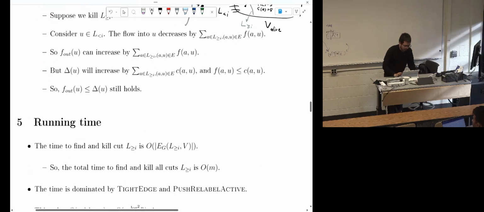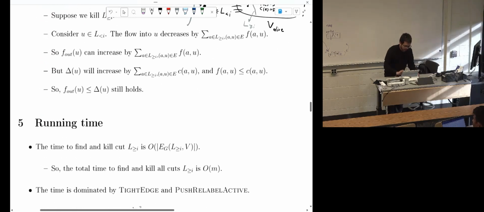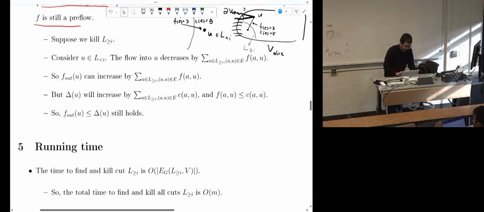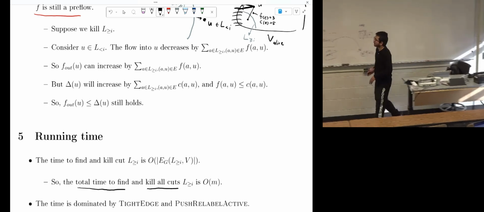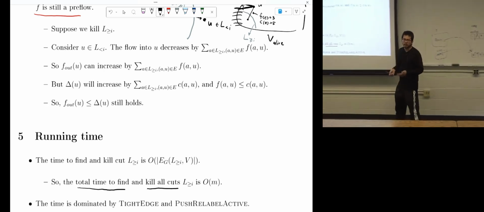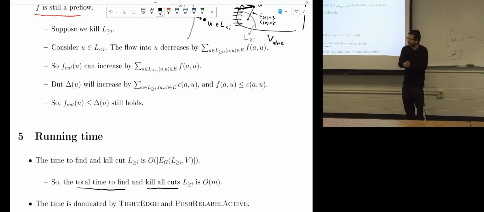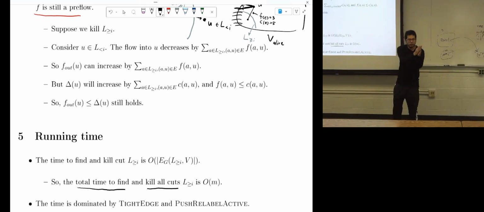So what about running time? I claim that the total time to find and queue the cut is just going to be linear time in total. The reason is that what we do is just a sweep cut.